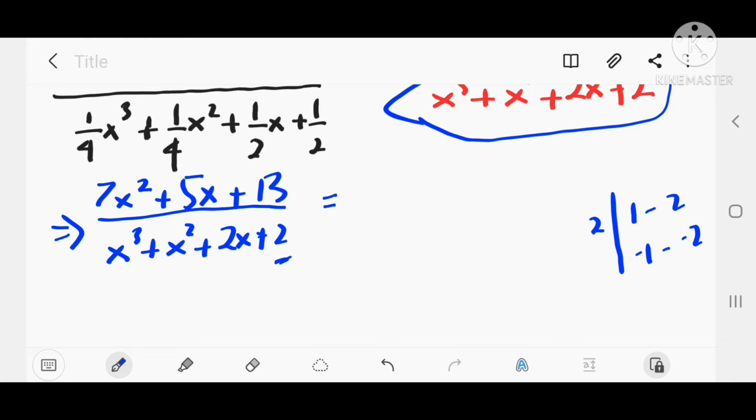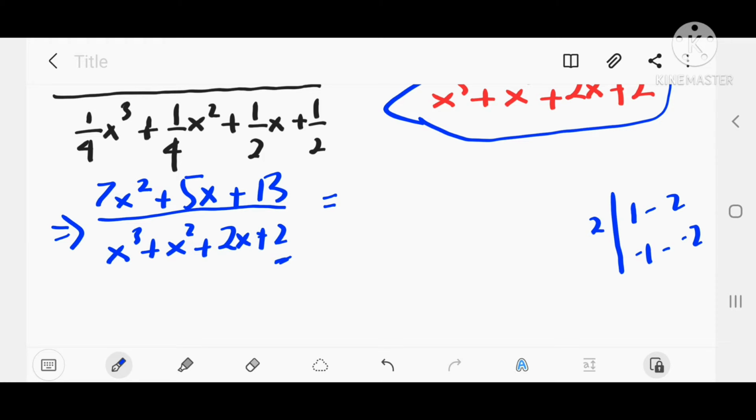First pick the 1, but when you pick the 1, you realize that since they are all positive, we are not likely to get a 0 remainder. For us to get a 0 remainder, we need a negative, so that addition and subtraction will get us to 0.